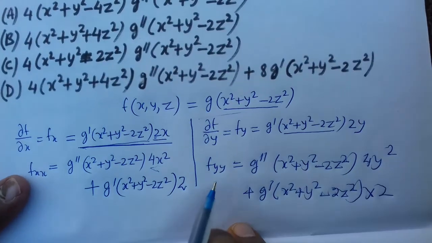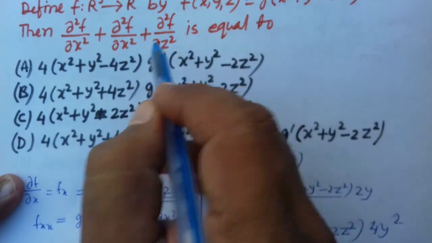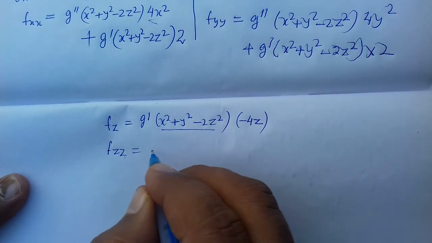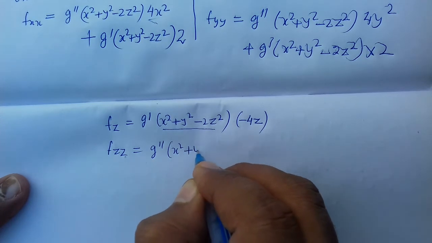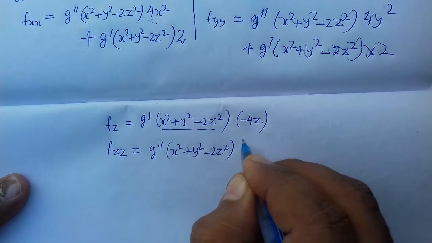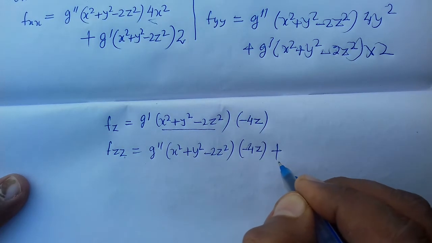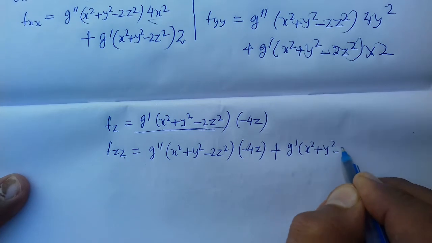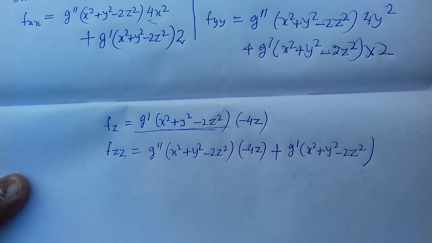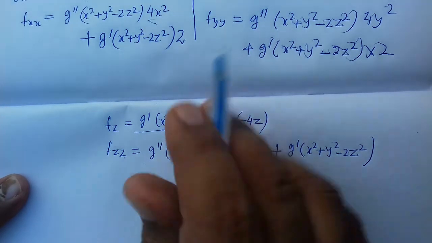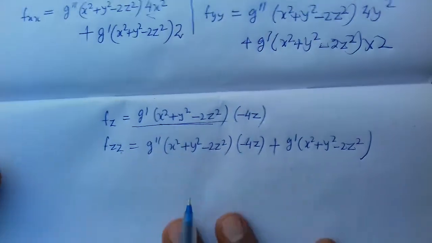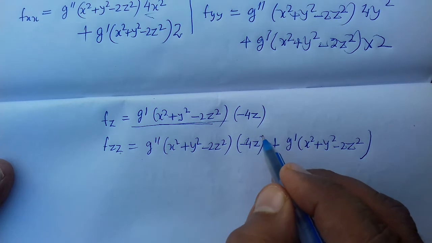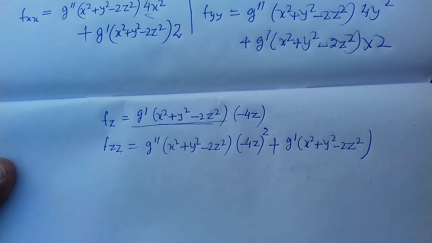Now we again differentiate, because here you see second order derivative with respect to z, so we again differentiate this one with respect to z, and this will be g''(x² + y² − 2z²) into −4z, plus, after the plus sign we keep this constant, so this will be the same as here, g'(x² + y² − 2z²), and differentiation of this with respect to z gives us a coefficient −4z, so if you differentiate second time, then there will be one more −4z, that is (−4z)².